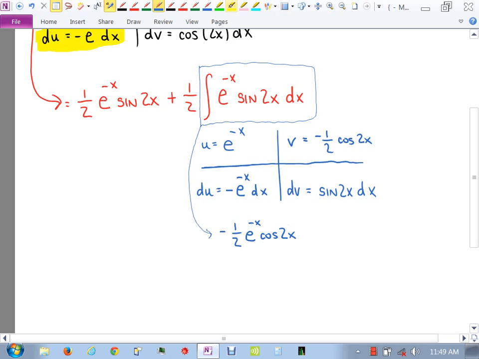When we do voodoo, we have a negative 1/2 and a negative 1/2. Negative and negative are positive, right? But in the formula, the integral is minus. So this will become a minus, right? 1/2 integral what? E to the negative x cosine 2x dx.